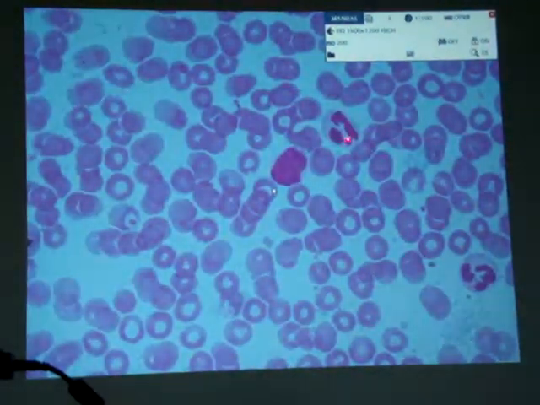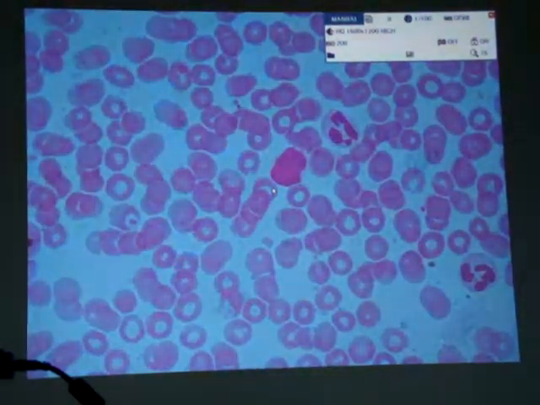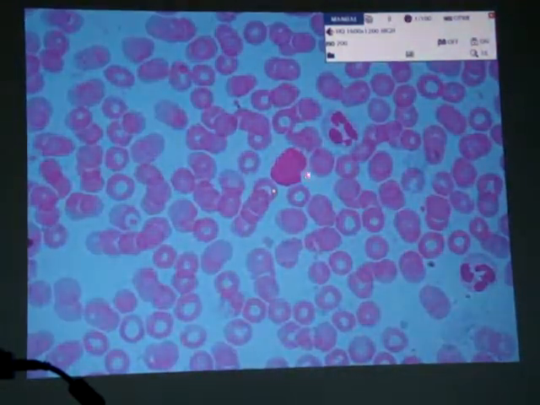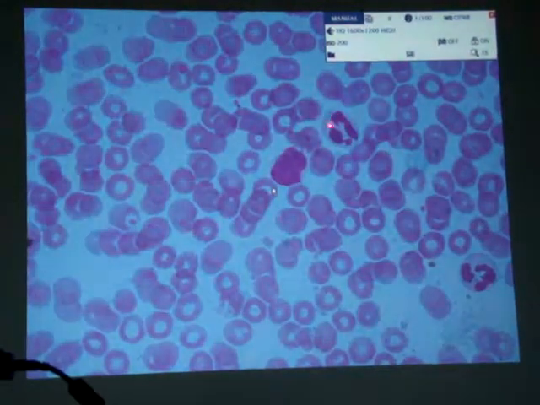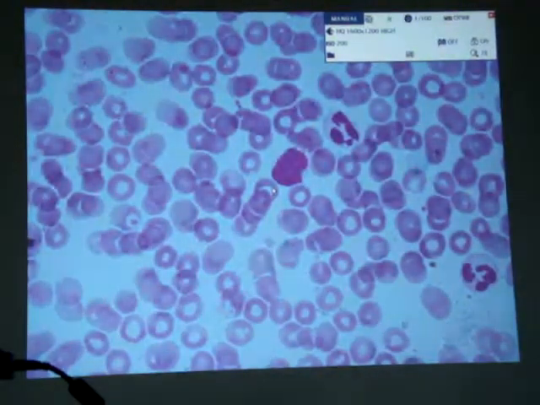That is a large lymphocyte. That is not a monocyte. Kasi, very scant ang volume ng kanyang cytoplasm and its size is almost the same with the size of a neutrophil. A monocyte is a much larger cell.